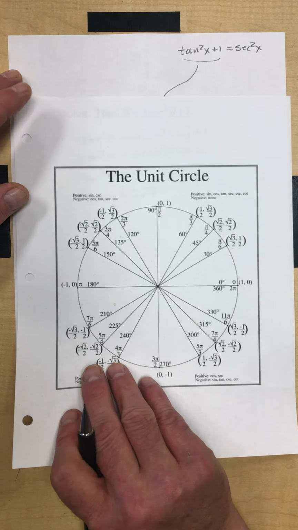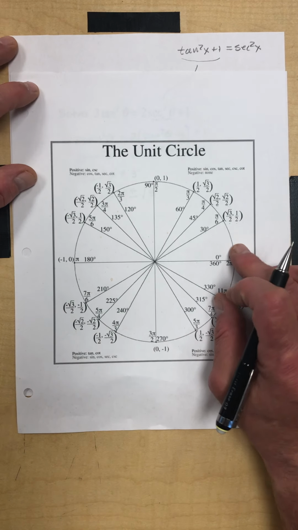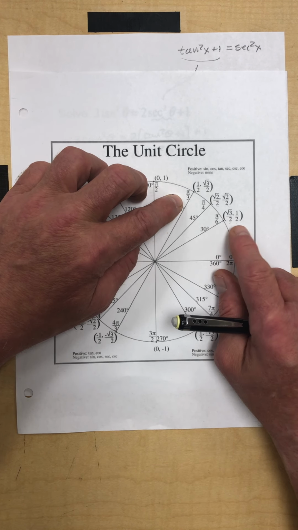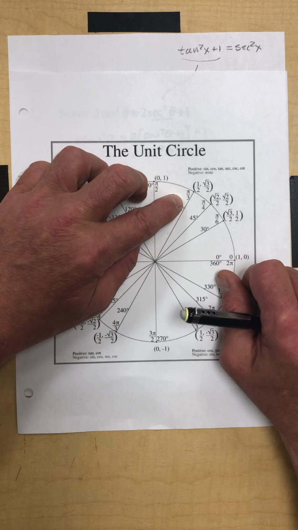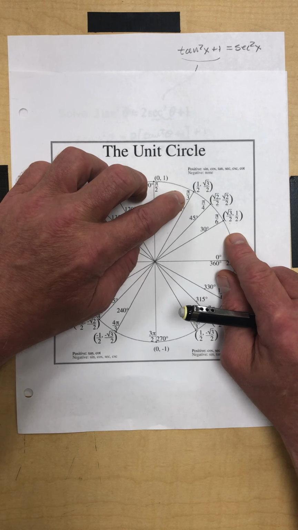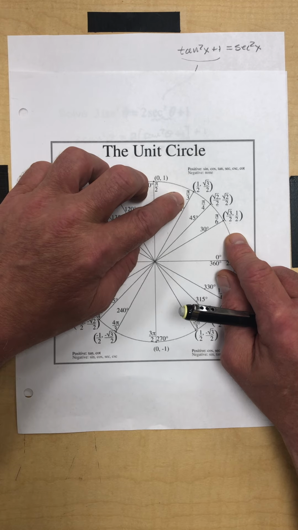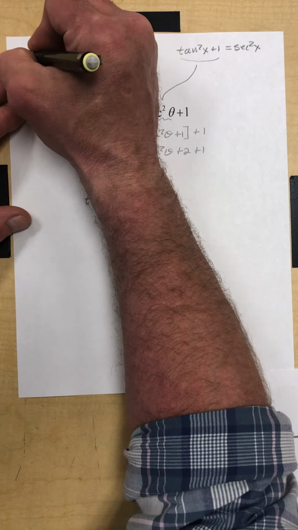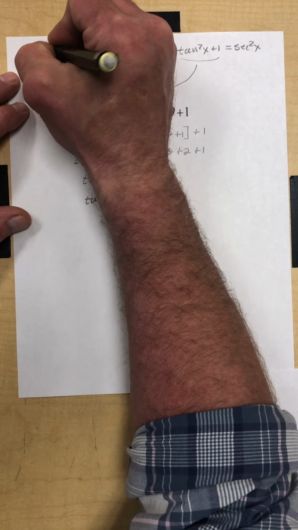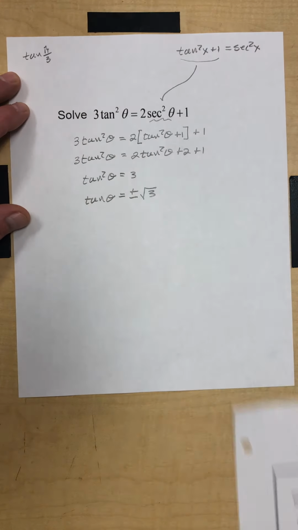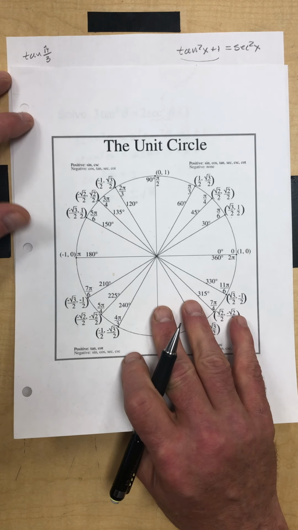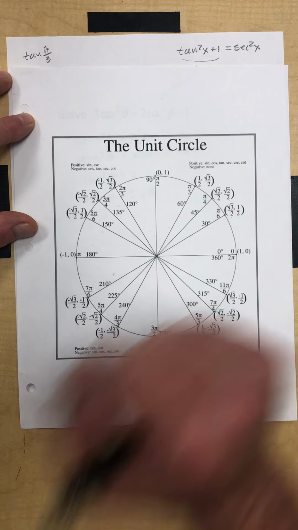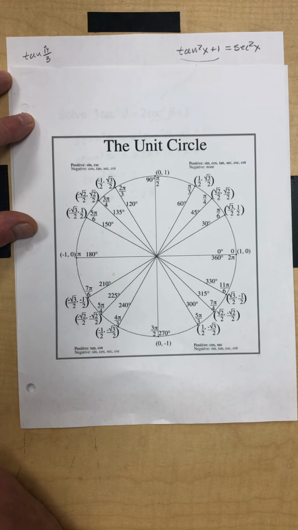Okay, so then we go to our unit circle. We know it has to have something to do with either pi over 6 or pi over 3. That's the only way to get sine over cosine and get that radical 3 in there. And I'm pretty sure it's going to work here at pi over 3, because if we take a look at tangent of pi over 3, that is going to be our y-coordinate, sine, over our x-coordinate, cosine.